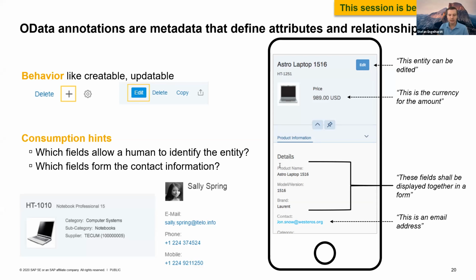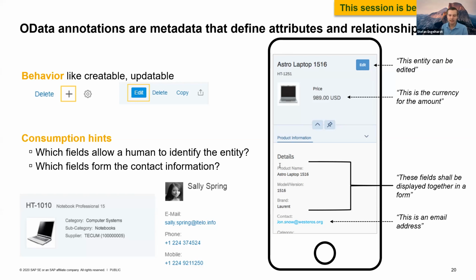We switch all the fields you see in the details section to input fields and so on. We take care of validations, because we, for example, know that it is a currency, offering value helps, and so on. And so these are the behavior things, and also then the structures which you see there.